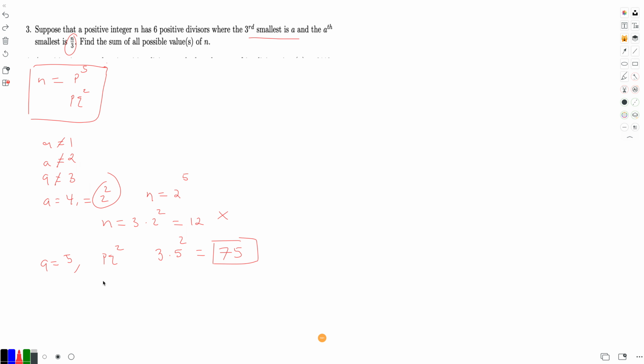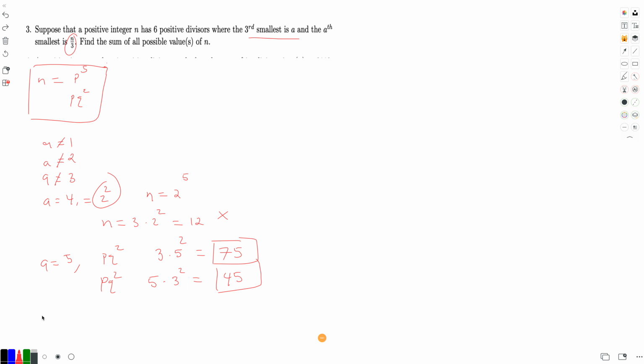And now let's not forget our other case of pq squared, where we're taking p as 5 and q as 3, so 5 times 3 squared. This gives us 45. Again, checking if this works: the third smallest divisor must be 5, that checks out, and then the fifth smallest divisor is n over 3, which is 15, which goes 45, 15, so this is true as well.